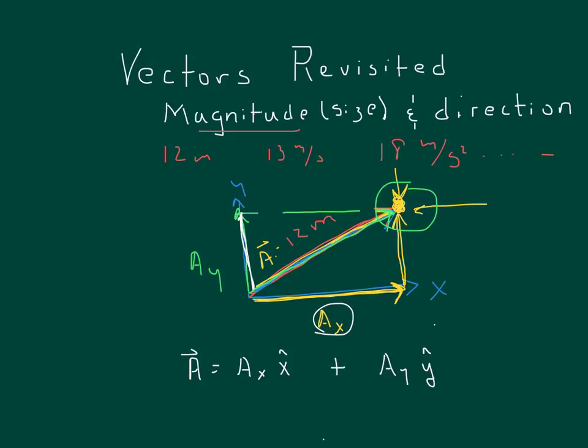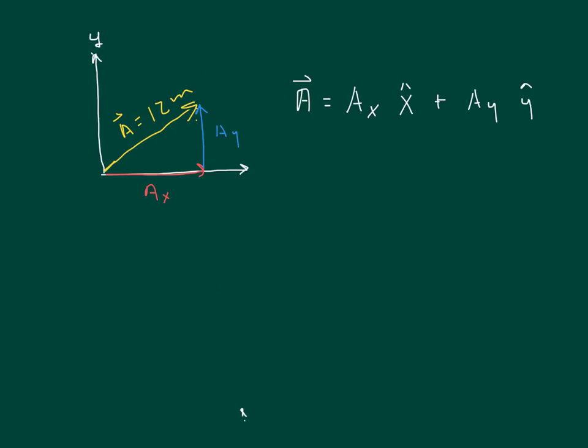How would we represent A along the x-axis and the y-axis? Now we have A equal AX in the x direction, that's in the red. We have AY in the y direction, that's in the blue, but we want to know what these numbers actually are. What is AX and what is AY in terms of what we originally started out with, 12?